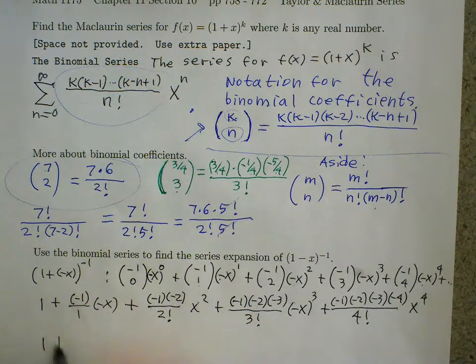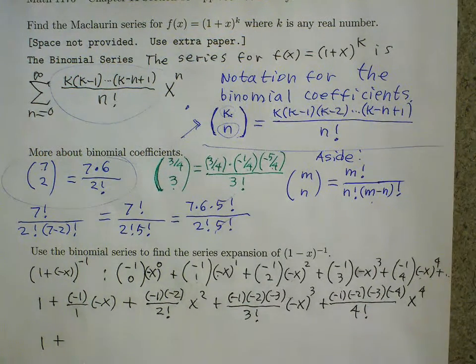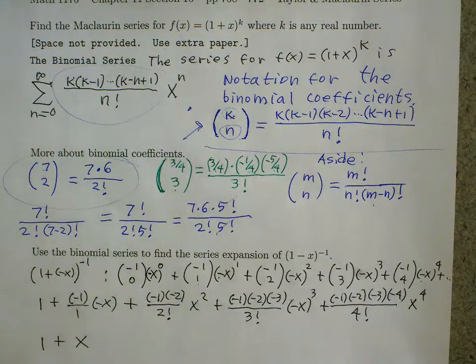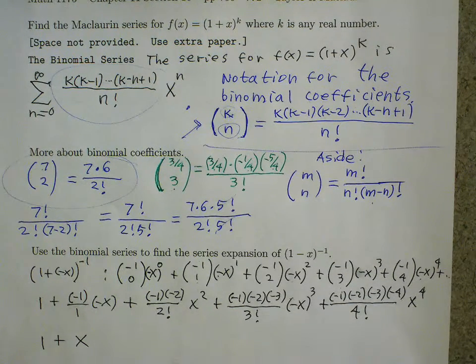1 plus negative 1 over 1 times negative x is just plus x. What's the next term? 2x squared over 2 factorial. Yeah, negative 1 times negative 2 is positive 2 divided by 2 factorial is 1. So we get plus x squared.